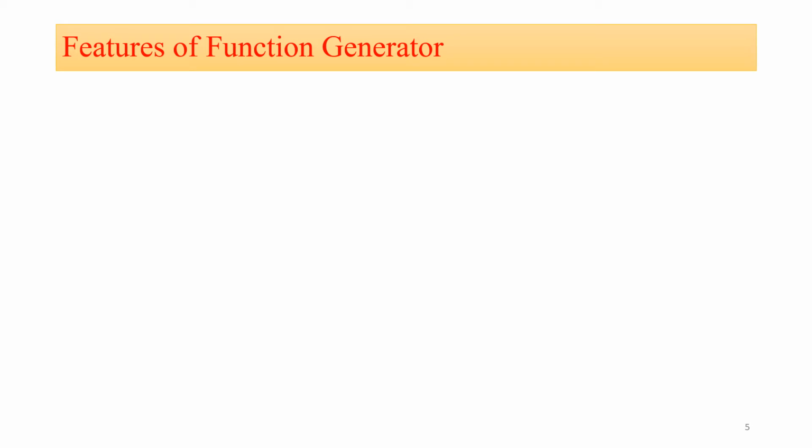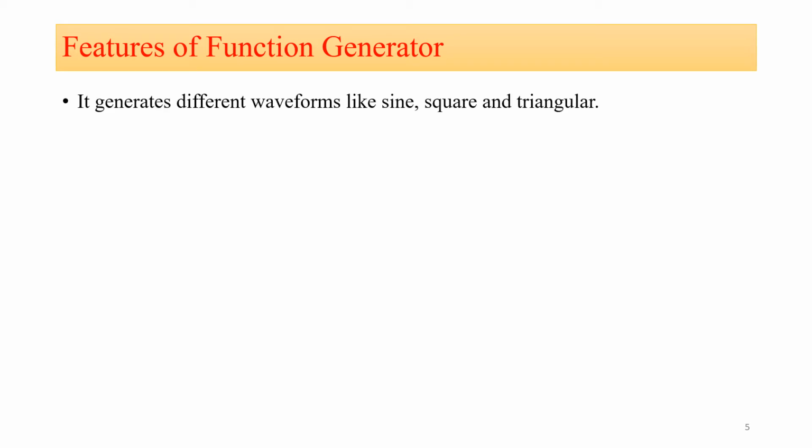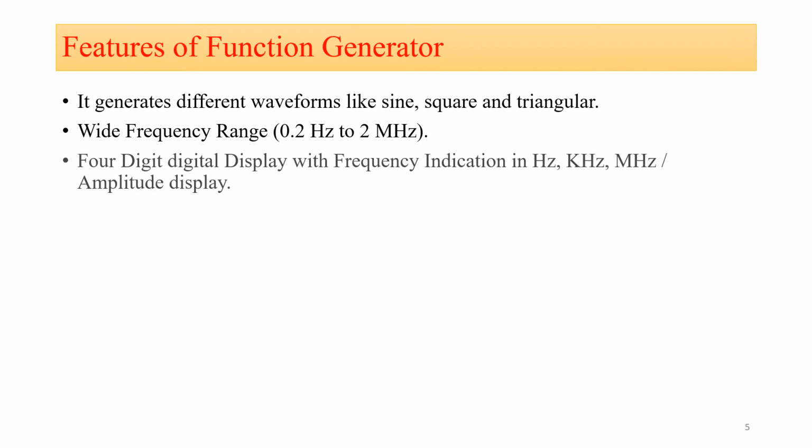Now, which are the different features of the function generator? First, it generates different waveforms like sine wave, square wave, and the triangular wave. Second, wide frequency range, means you can vary the frequency from 0.2 hertz to 2 megahertz. Third, 4-digit digital display with the frequency indication of hertz, kilohertz and megahertz, and also the amplitude display.